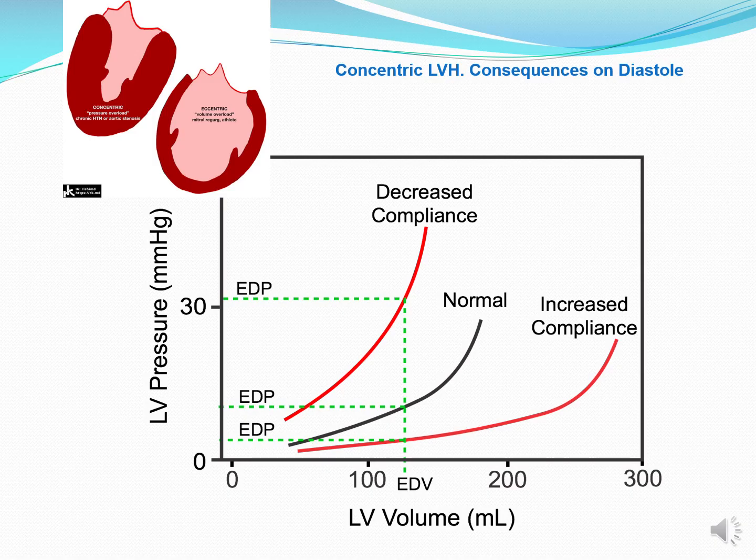So when the left ventricular end diastolic pressure is higher, 25 or 30, the left atrial pressure in diastole that has to fill the ventricle will also go up. So the left atrial pressure now is around 25 or 30. It has to be a little higher than the ventricle for the blood to flow.